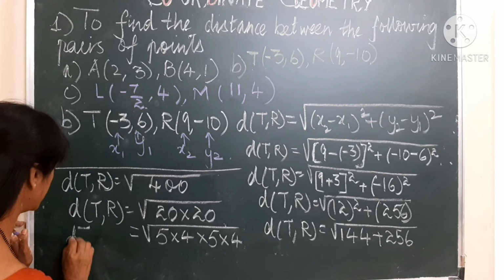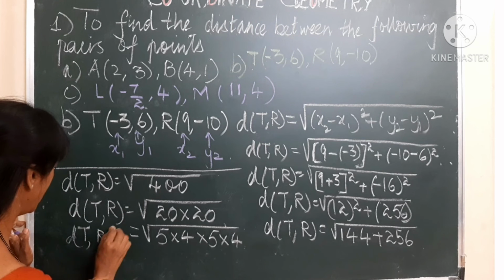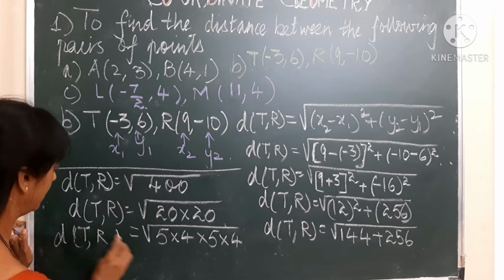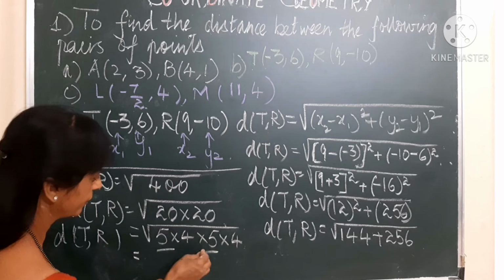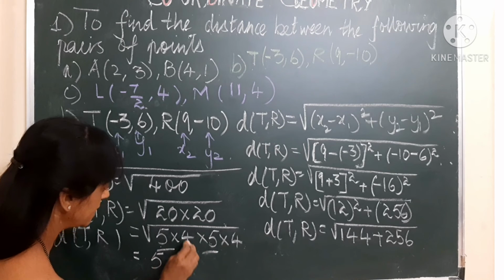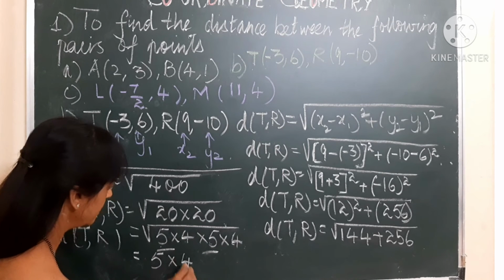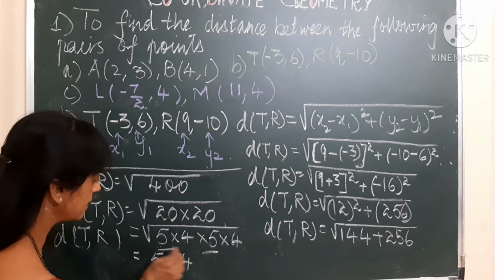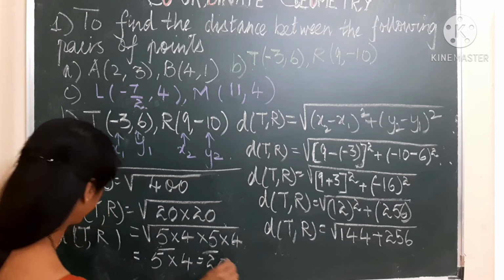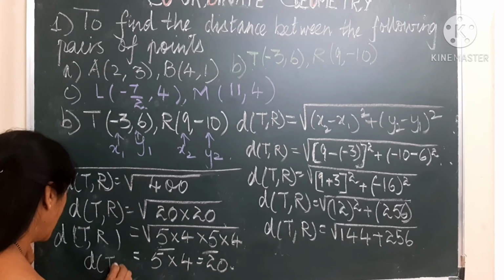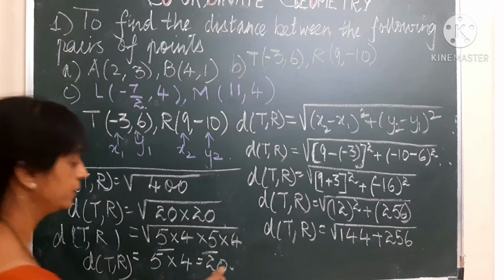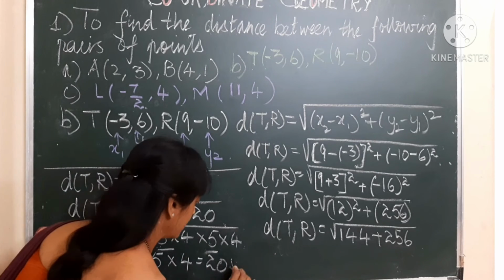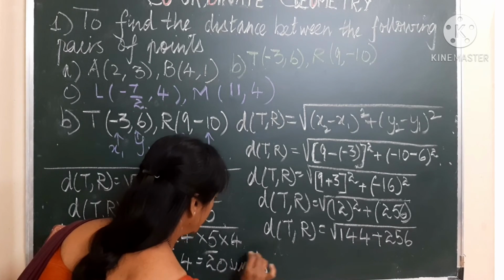So, distance TR will be equal to 5 comes out once, 4 comes out once. So, the answer is 20. Distance TR is equal to 20 units.